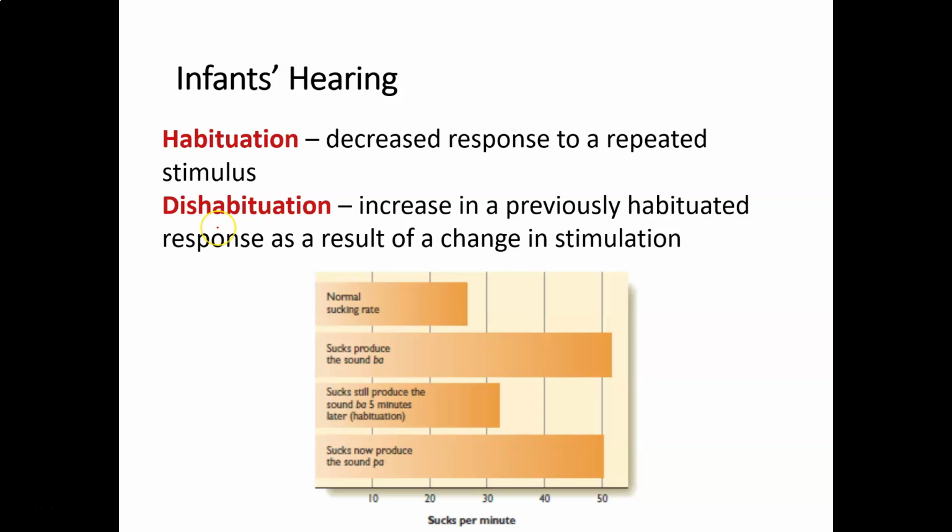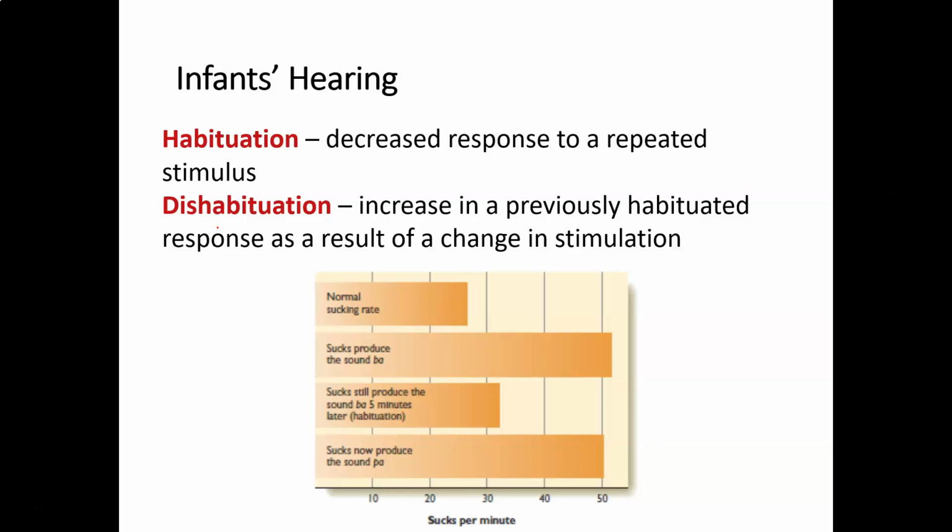Dishabituation is noticing that a response that was constant has changed in some way. So dishabituation is paying attention to a previously habituated stimulus. Okay, so hopefully you understand that, and I'm going to illustrate what I mean by habituation and dishabituation in this particular study that they did with infants.